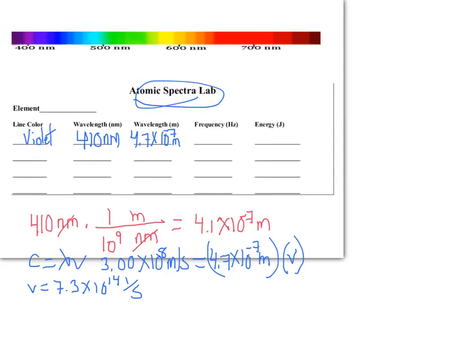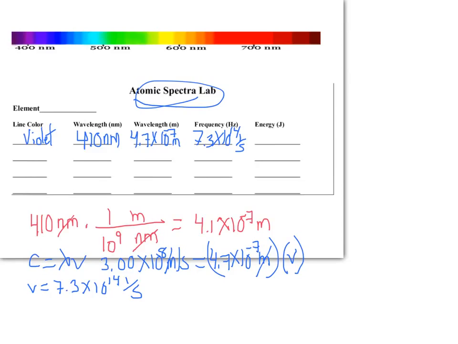I prefer 1 over seconds as opposed to hertz, because you can cancel the meters and end up with 1 over seconds. That makes more sense to me. So I'm going to put on my table here 7.3 times 10 to the 14, 1 over seconds.